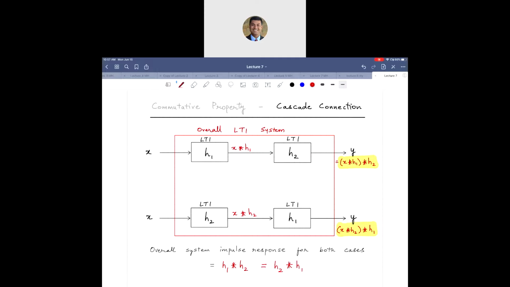So now you can simply look at it as one system: input convolved with that overall system will give you the output y. This applies for both continuous as well as discrete cases.